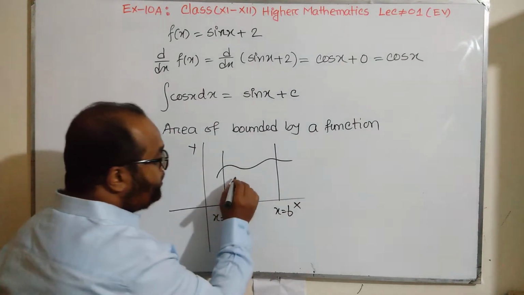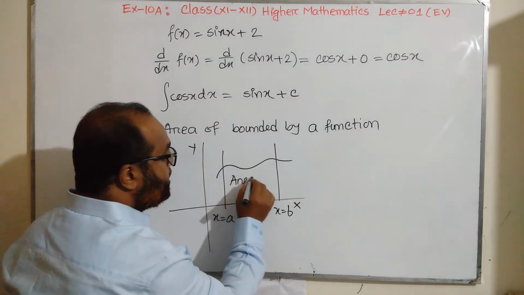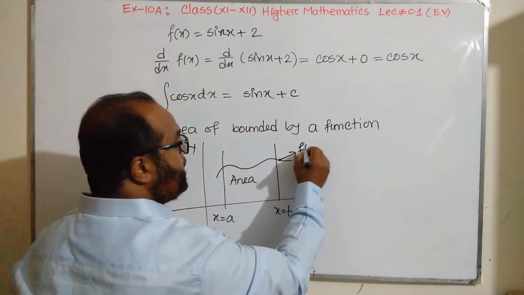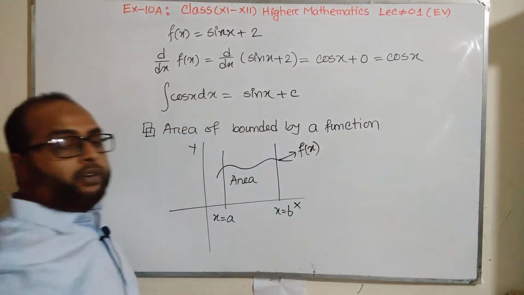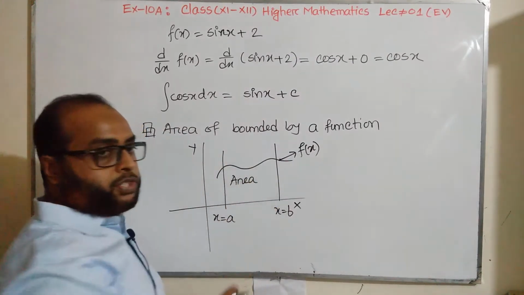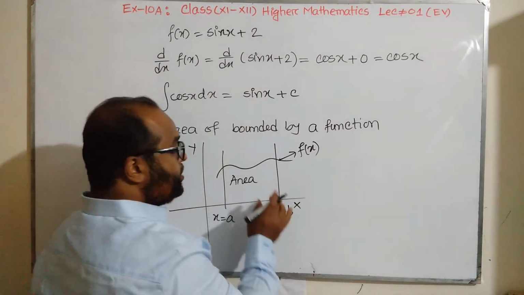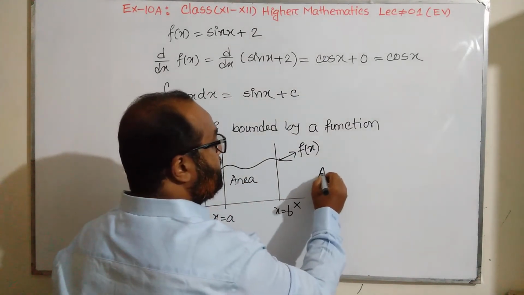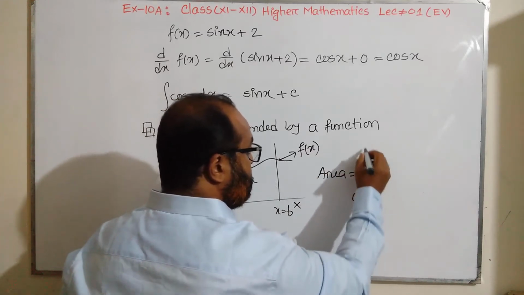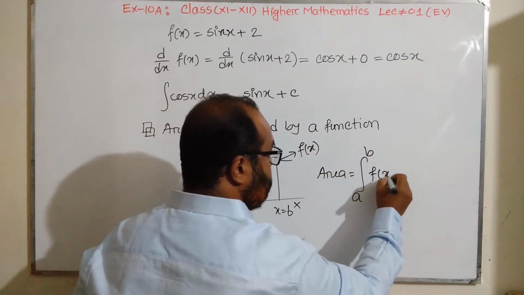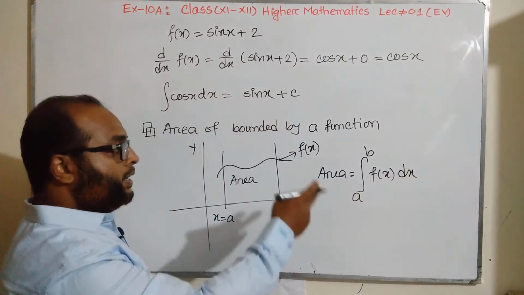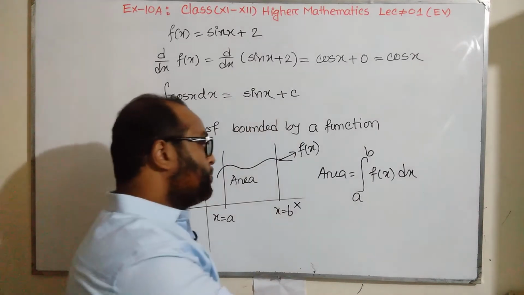We have to find the area of this region, and this function is defined by f(x). The area of this bounded region is the integration from a to b of f(x) dx. Here dx is the smallest part.